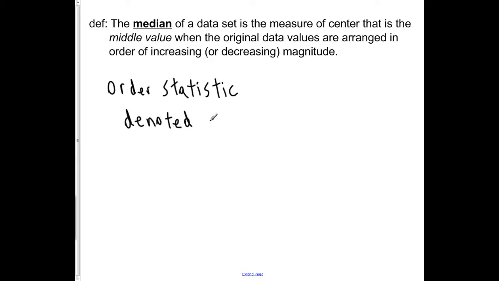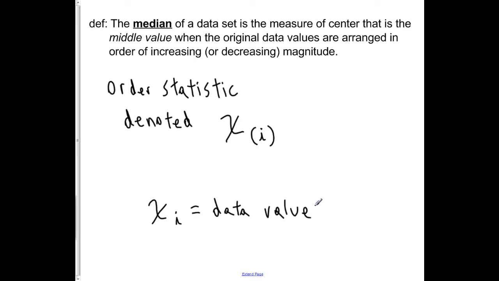Instead of xi, which are the original raw data, order statistics are actually denoted by x with a parenthetical i. If you remember correctly, xi represented our data values. So if you just see an x with a number beside it as a subscript, like x1 or x2, you're just talking about the individual data values.